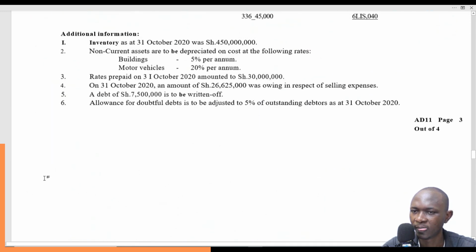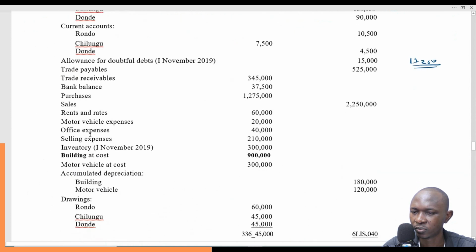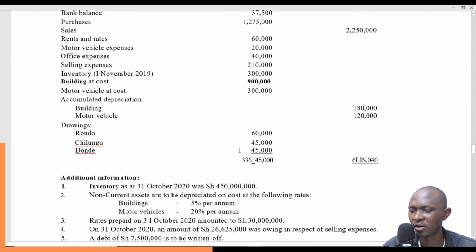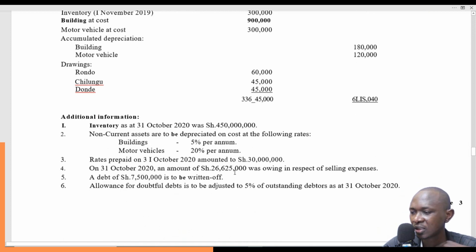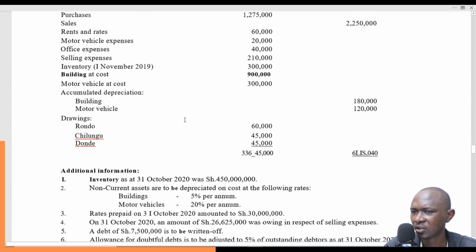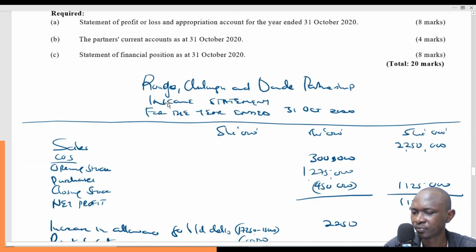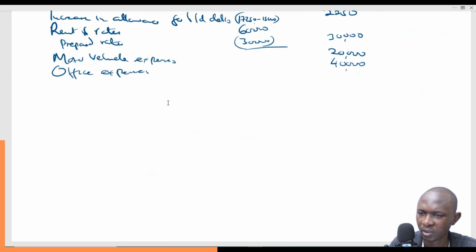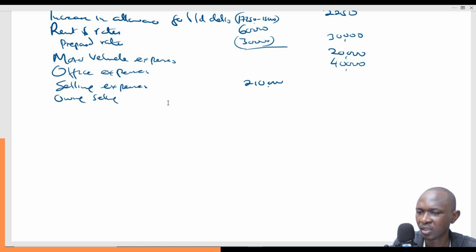Next, selling expenses, 210,000. And there's still an amount owing of 26,625 in respect of selling expenses. So selling expenses 210,000, then owing selling expenses, this is accrued, is 26,625 if I'm not wrong.